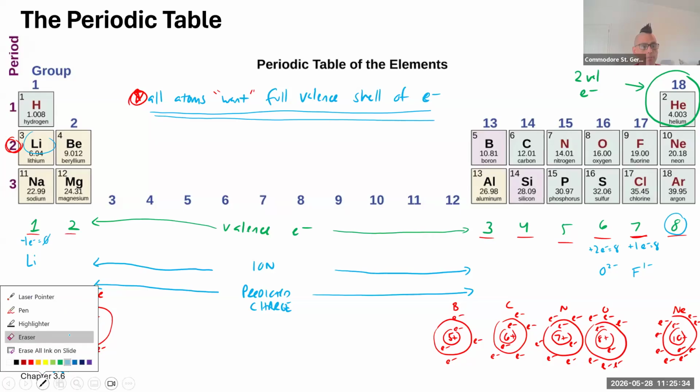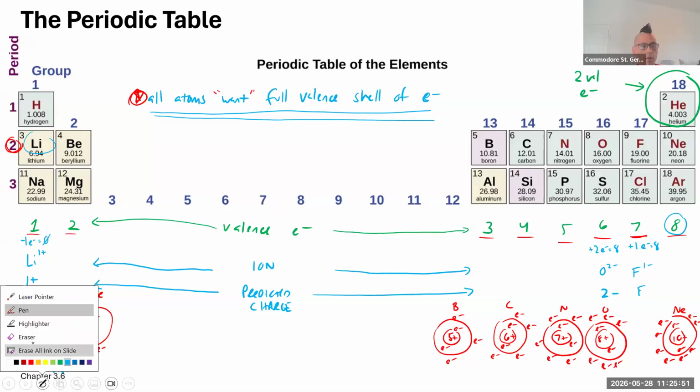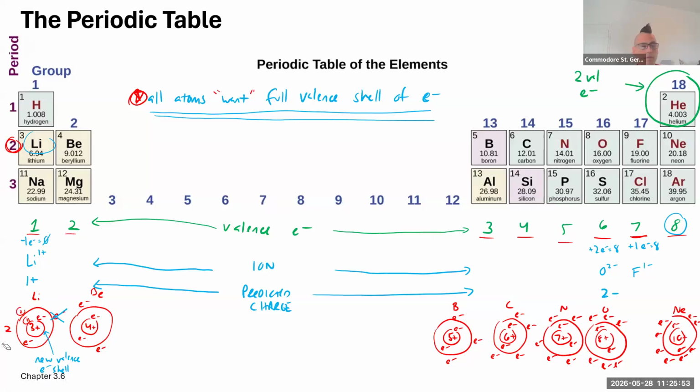Because we're only subtracting one. So now it's going to be lithium 1 plus. So it's going to be a 1 plus predicted charge. Over here, the oxygen is going to be a 2 minus predicted charge. This is a 1 minus.